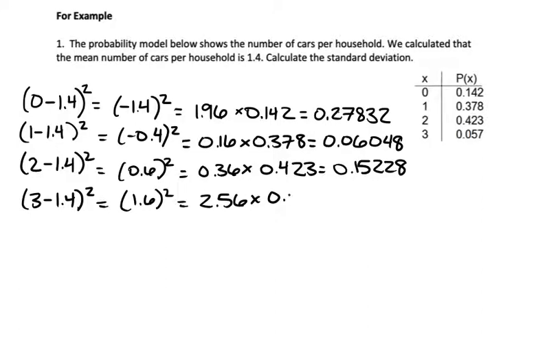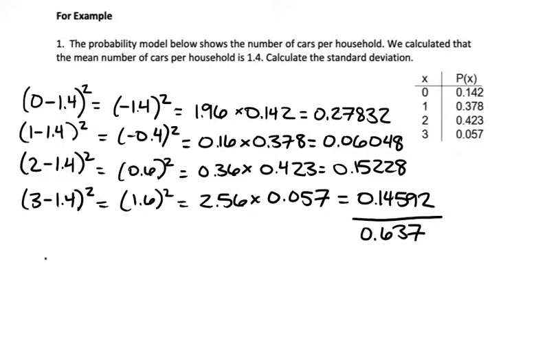And multiply that by the probability. Once I have all of those calculated, I'm going to add them all together. And if I do that with these numbers, I should get 0.637.